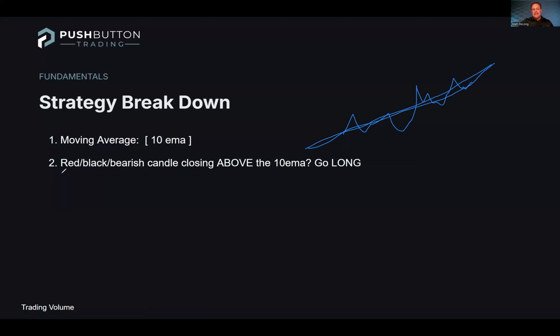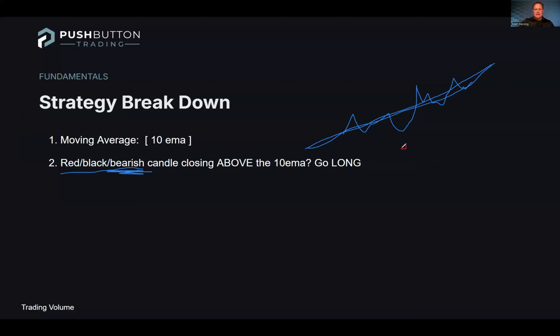Okay. So what this is saying is I need a bearish candle or a red candle to close above. Now, if you guys have ever seen the anatomy of a candlestick, it looks pretty much like this. Actually, let me draw it a little different. Let's try again.